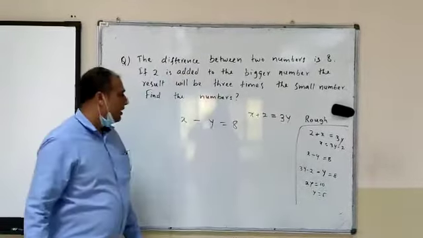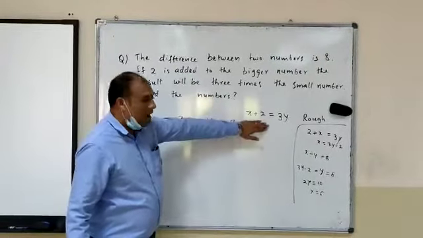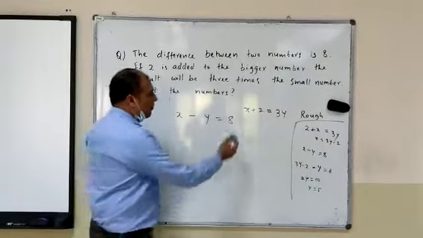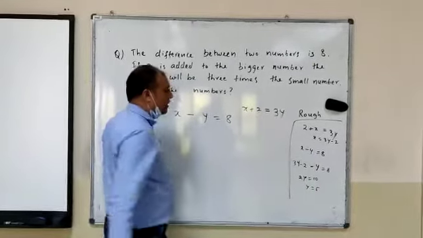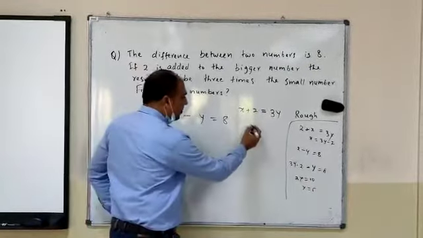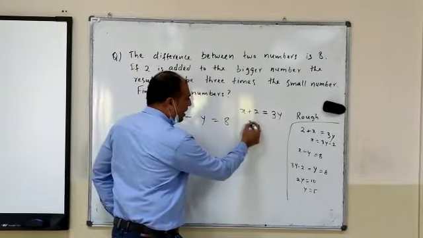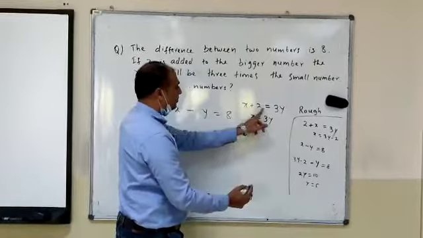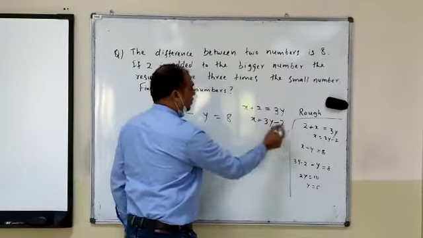3y. Now I got a number, so I am doing it in the rough for my understanding. So now x plus 2 equals 3y. Then x equals 3y minus 2.